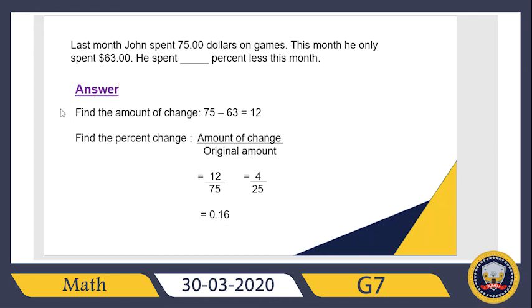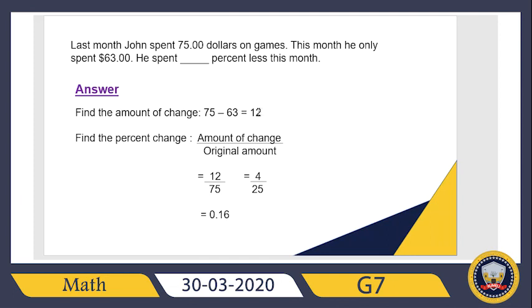I will subtract 63 from 75, and the answer is 12. This 12 is the amount of dollars which he saved this month. He paid $12 less than the previous month. But I want the percent of decrease.